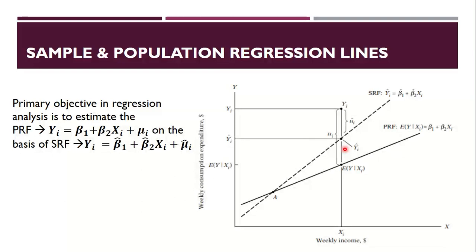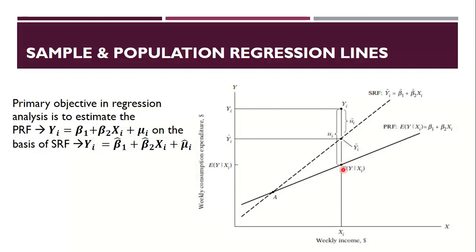I'm repeating this line again: you can see that the population random error, this mu i, is equal to mu i hat, that is residual, plus the difference between yi hat and the expected value of y given x.